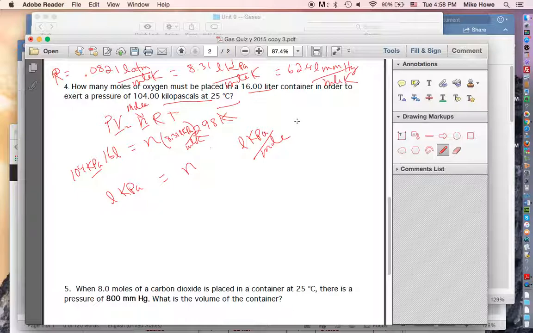What do you think you need to do next? What I did was multiply this number times this number. When I do, I get 1664, and my unit is going to be liter kilopascals. On the other side, I've got 8.31 times 298, so I get 2,476. Now I need to get N by itself, so I divide both sides by what?